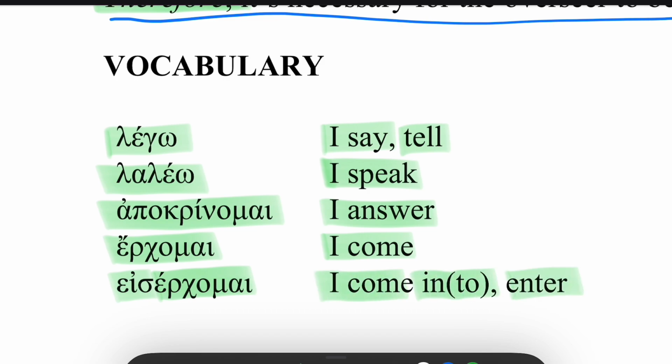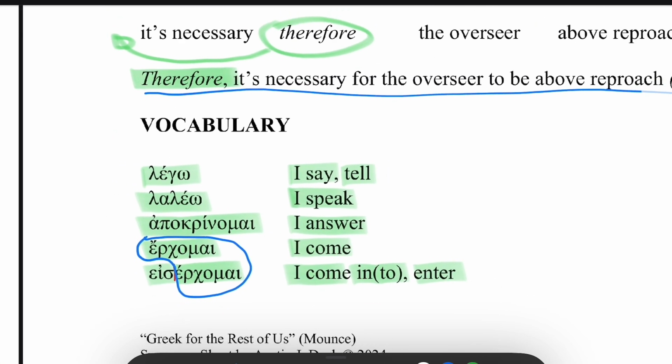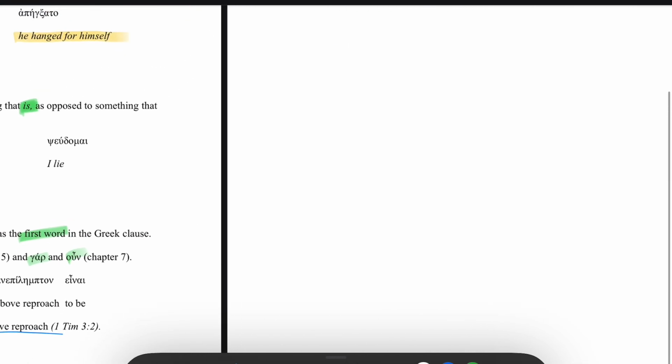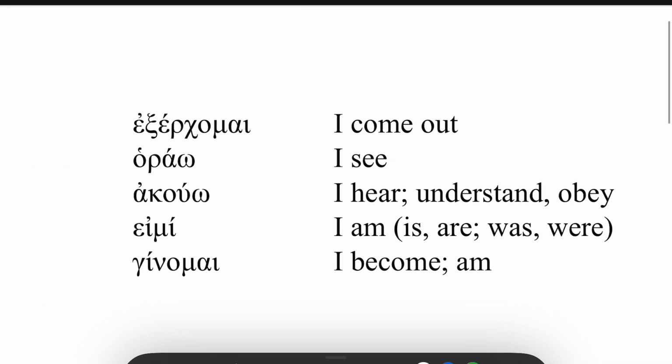This is an idea of a compound word here. You can see the connection between erkomai and eiserkomai quite clearly. But that eis tacked onto the beginning makes it I come into or I enter. And then same for exerkomai, which is our next one.